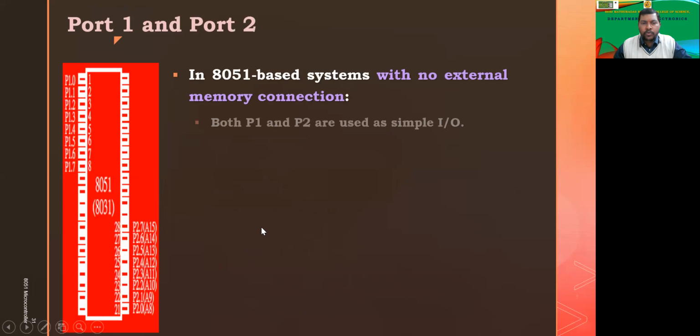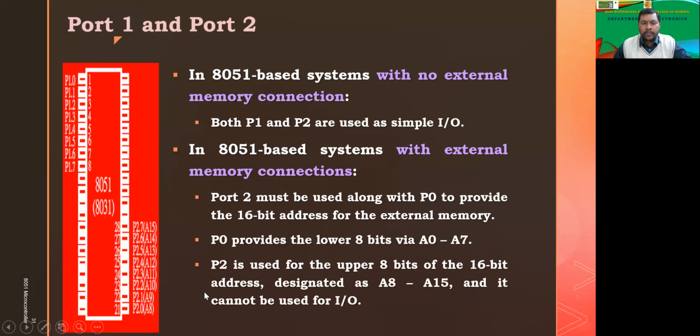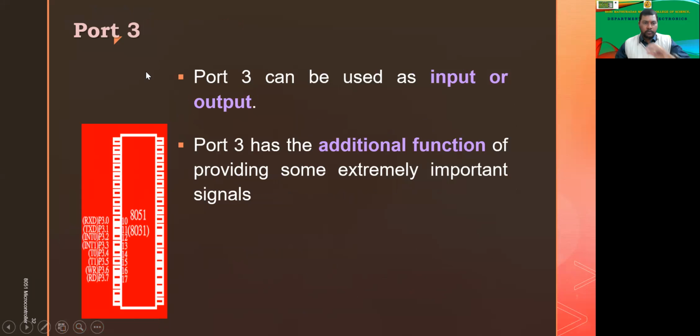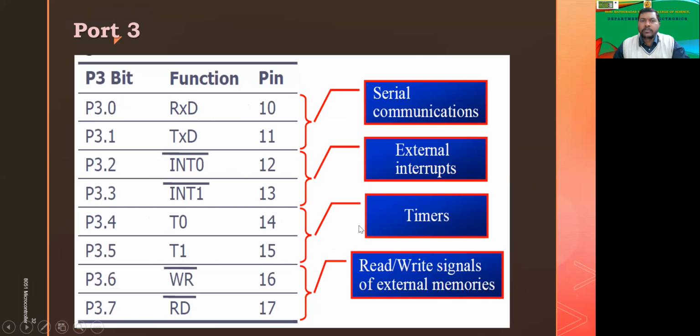Then port 1 and port 2. Port 2 is multiplexed for the higher order address bus, A8 to A15, and generally outside of this it can be used as a simple input output. Similarly, port 3 has some basic functions other than being used as an input output port. When we program this microcontroller, we'll be using these pins for that.